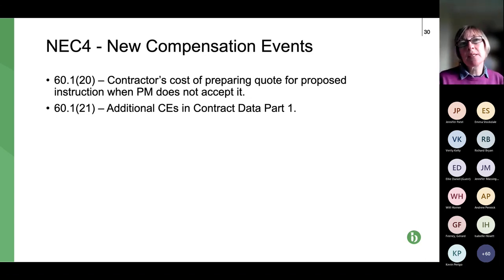And then the last one, 60.121, is just that any additional CEs can now be included in the contract data part 1. It can also be included in the Z clauses. So whether or not that's helpful, I'll leave you to judge.